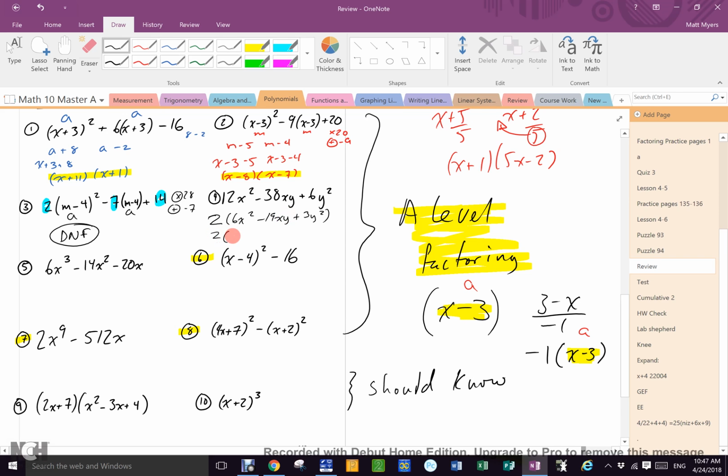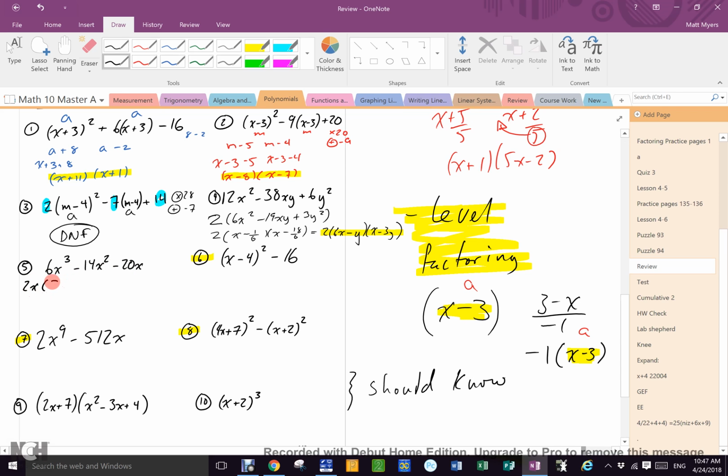So it was 2, x minus 1 over 6 and x minus 18 over 6, which got you 2, 6x minus 1 times x minus 3. Except you had to remember it's y and 3y for a final answer.